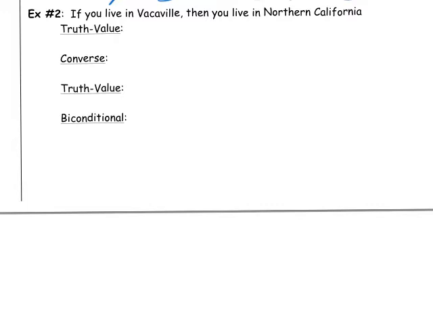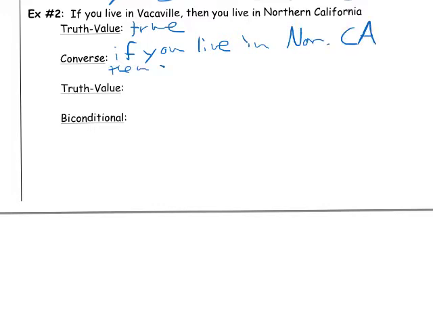Okay, well, here's what you should have got. You should have said, if you live in Vacaville, then you live in Northern California. That is true. And the converse would be if you live in NorCal, then you live in Vacaville. I know my handwriting is still hard to read on this thing, but it'll get better, I promise.